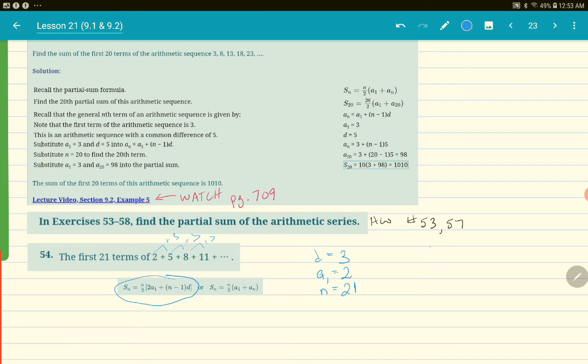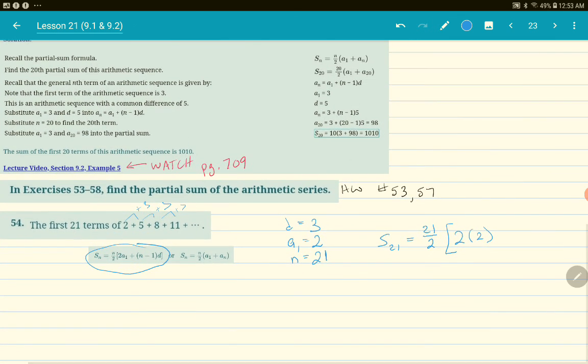So that gives me S of 21 equals n over 2, which is 21 over 2, times 2 times a1, which is 2 times 2, plus n minus 1. So that's 21 minus 1, which is 20. And then the d is 3. So simplifying that, I get 11.5. Oh, sorry.